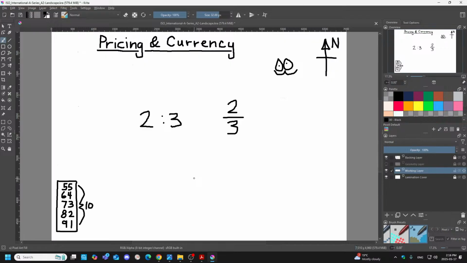Note that ratios do not have units. Units cancel each other if you think about it. If you have 2 inches divided by 3 inches, essentially the units are canceling. Let's say there were centimeters, it's the same thing; they just cancel each other out.